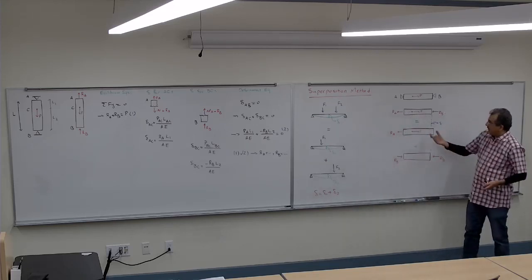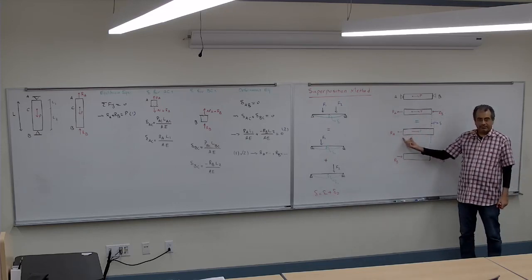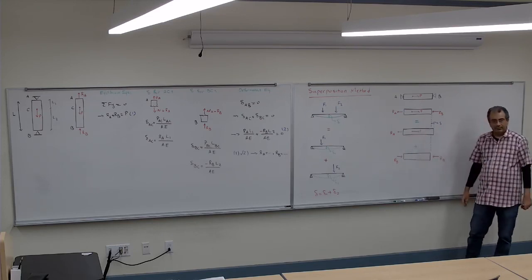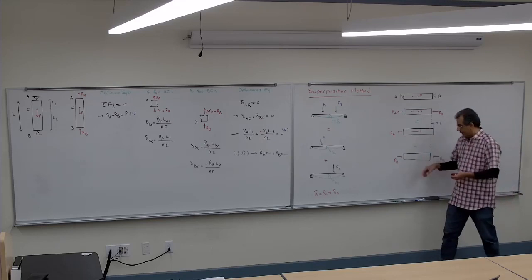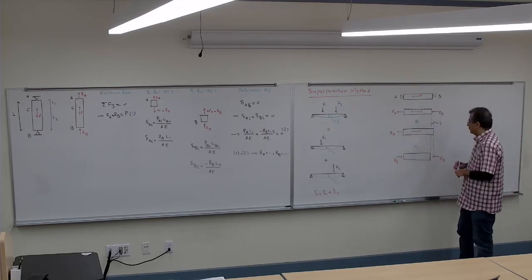Whatever stretch the RA and P cause, the RB should counter it or cancel it out. So it should move it back to where it was.